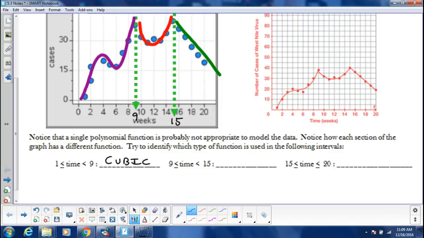From 9 to 15, you guys said it was quadratic. And from 15 to 20, you guys said it was linear. Let's try this one.